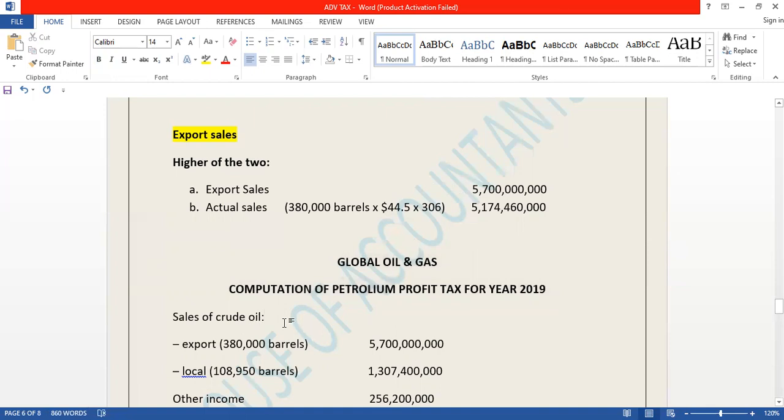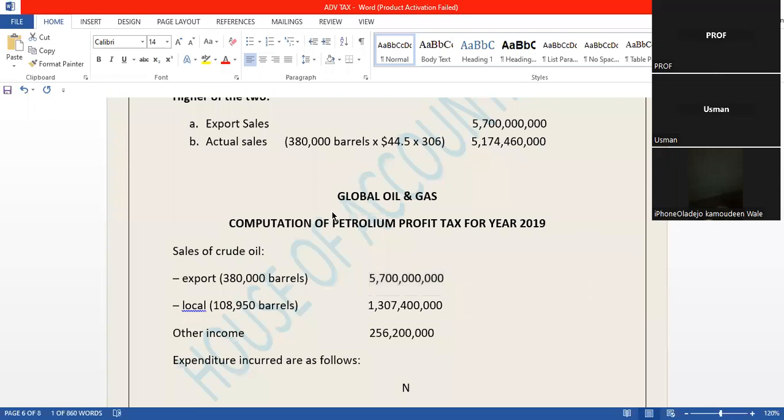Now from here, we have space and we have two places. So let's look at this now. We are going to pick the higher of the two. Like I said, we have to pick the higher of these two figures.